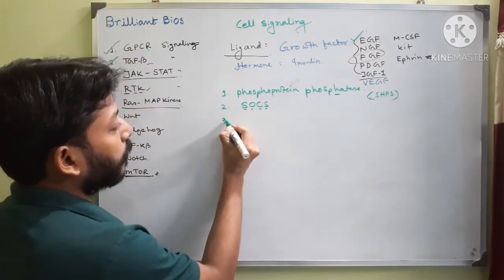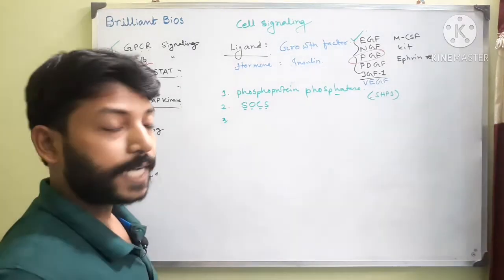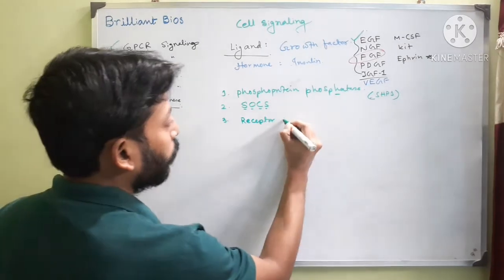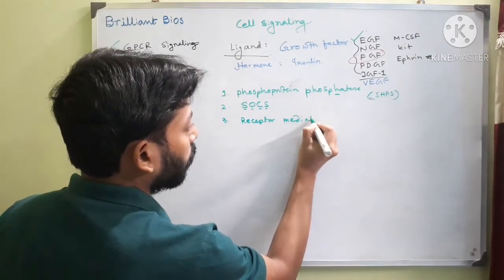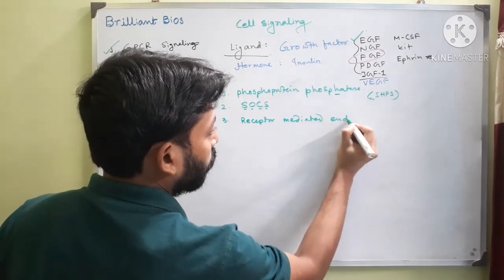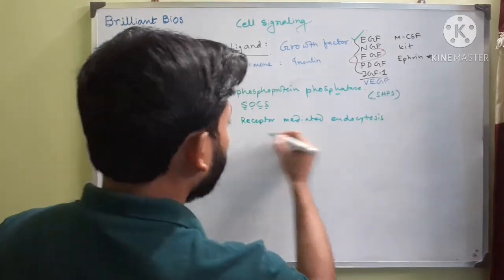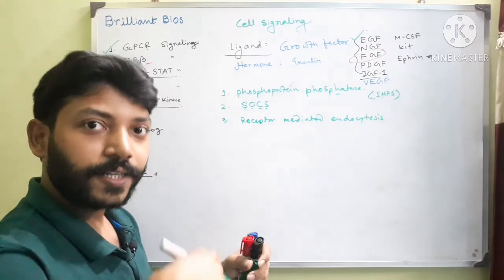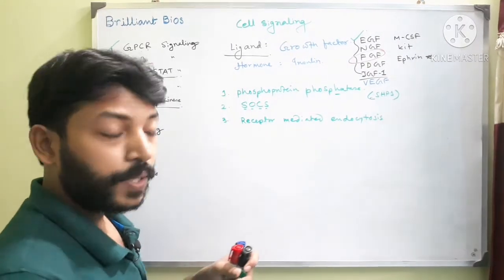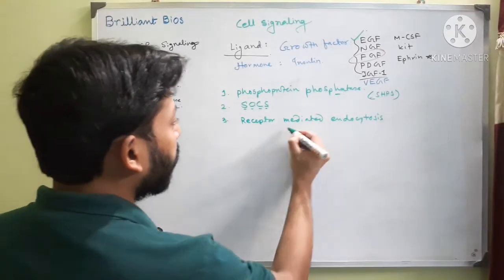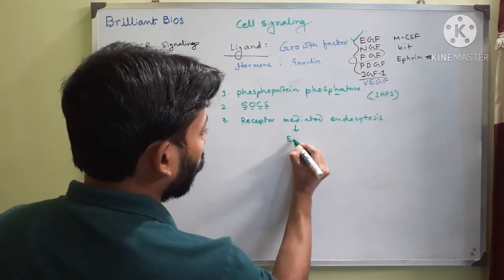The third way by which the RTK pathway can be deactivated is called receptor mediated endocytosis. In this case, the receptor gets internalized inside the cell by clathrin mediated vesicles and reaches the endosome.